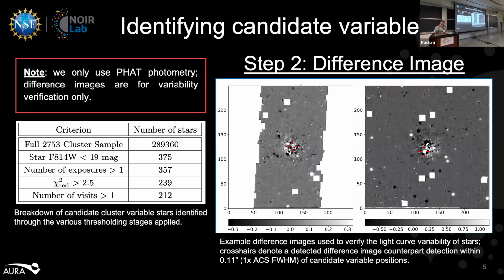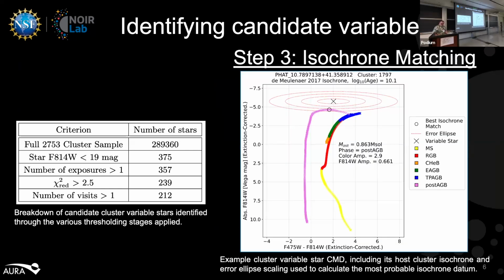And then the third step is to perform isochrone matching. Based on the observed properties of the star and the known host cluster properties, we are able to get the stellar evolutionary phase and initial mass of the variable.